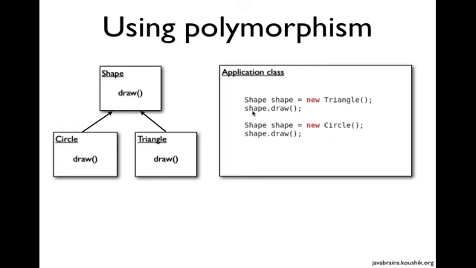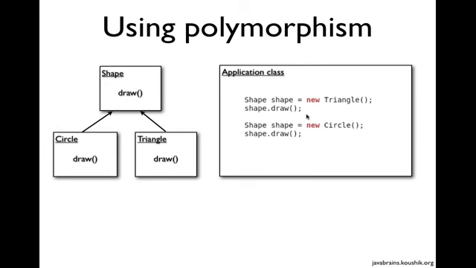Now I'm going to call shape.draw. If shape has a triangle, it's going to call the triangle's draw, and if the shape has a circle object, it's going to call the circle's draw. So this is polymorphism in action. We are doing something that uses polymorphism concepts.